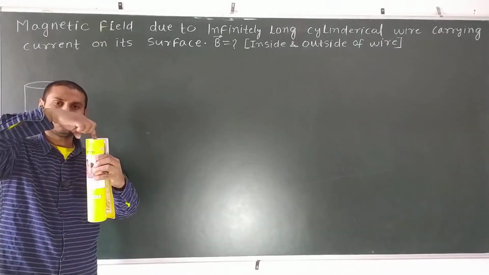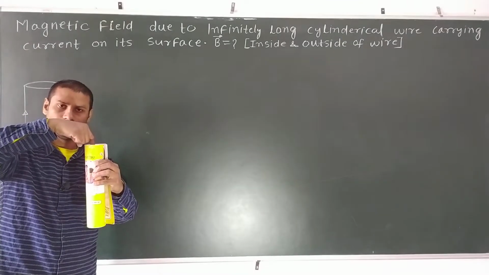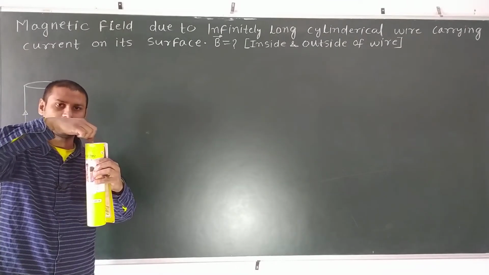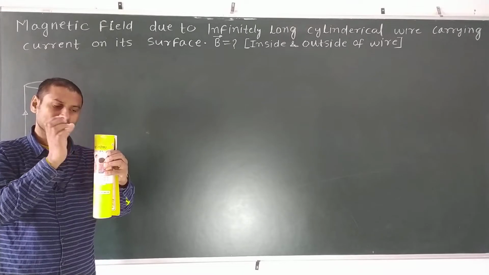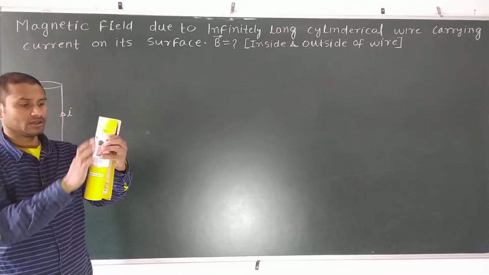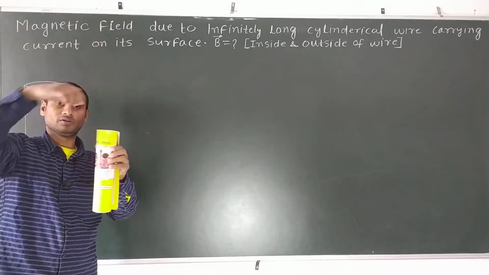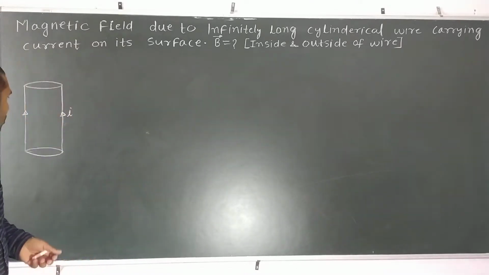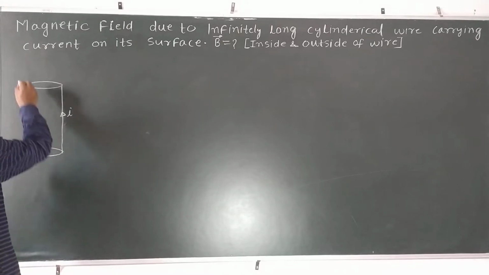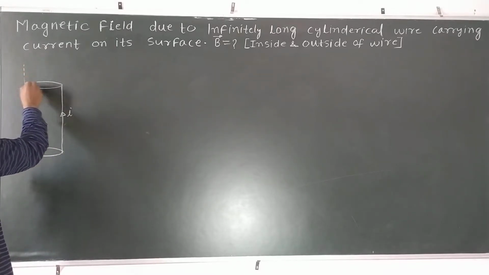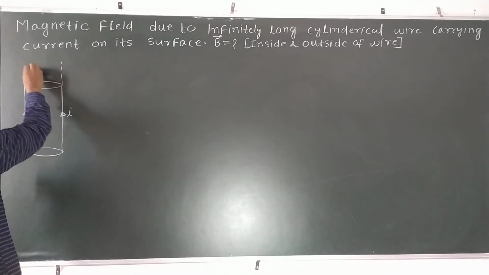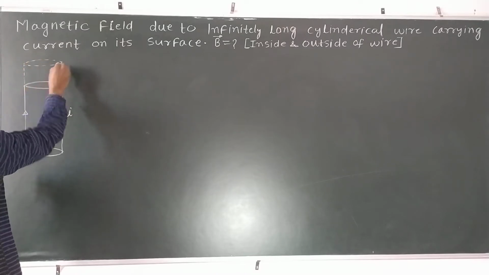The current is not available inside the wire, in the inner portion of the wire. The current is going in the upward direction only on the surface of the cylindrical wire, and the wire is infinitely long.